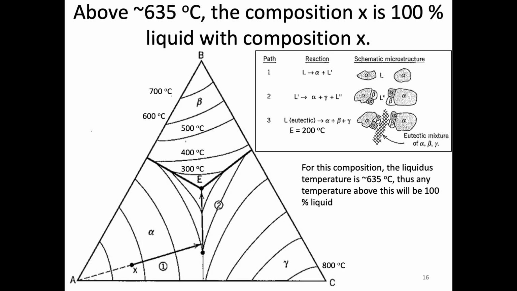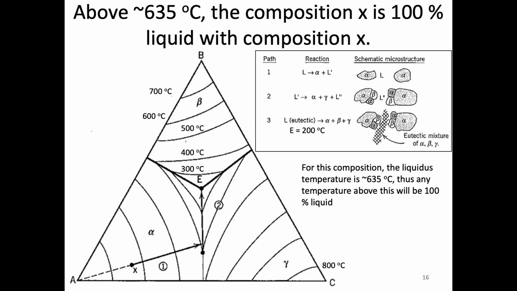Since we're talking about eutectic cooling, the first thing to think about is this composition at a really high temperature, high enough where we have 100% liquid. That occurs in this composition at roughly 635 degrees Celsius.